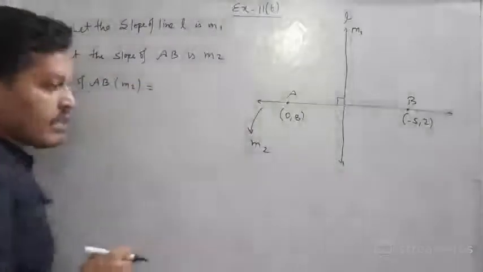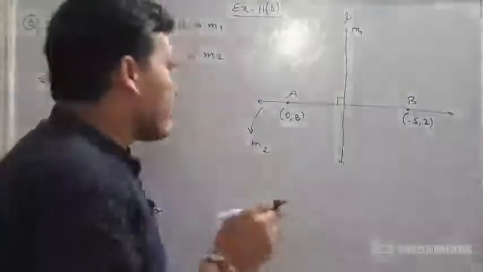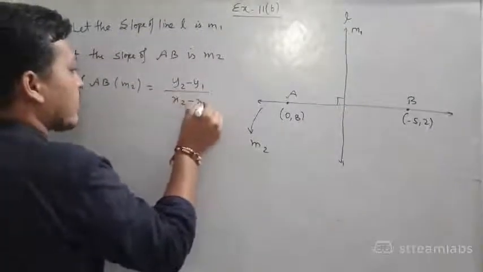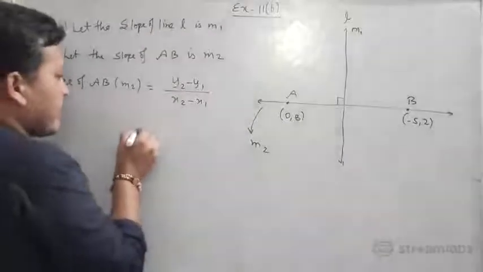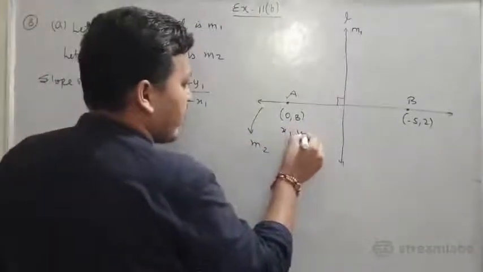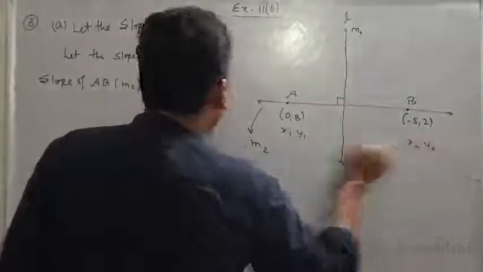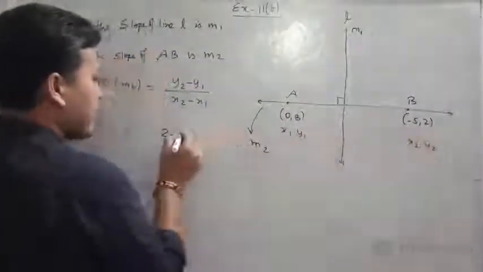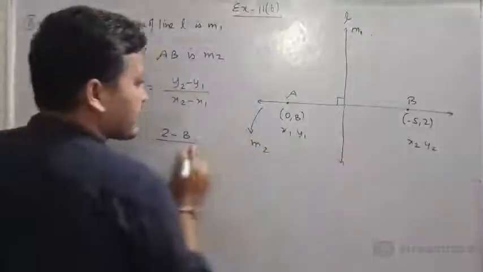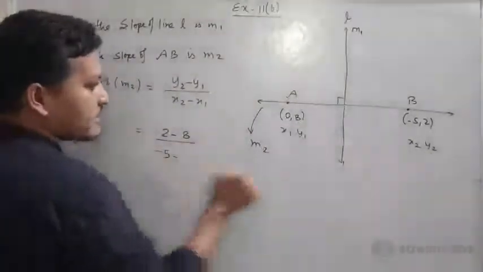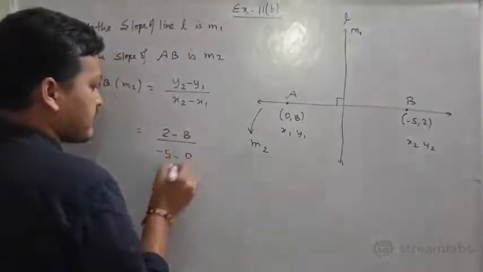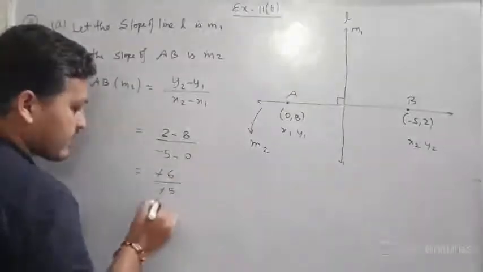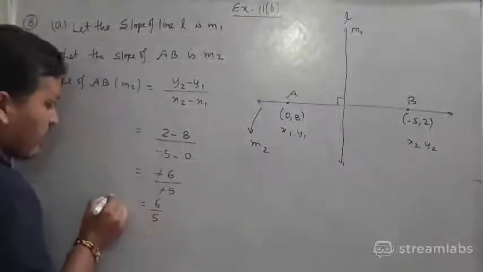As you know, when a line passes through 2 points, the formula for the slope is (y2 minus y1) upon (x2 minus x1). By using this formula we can calculate it. This one is (x1, y1), this one is (x2, y2). So y2 minus y1 is 2 minus 8, and x2 minus x1 is -5 minus 0, so it becomes -6 upon -5. So 6 upon 5 is the value of m2.